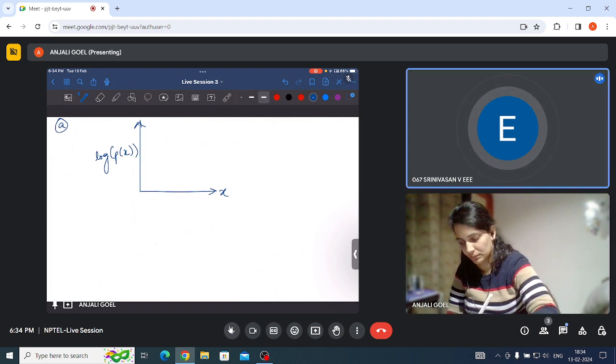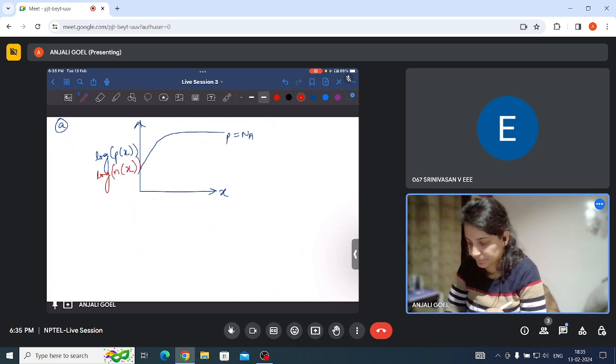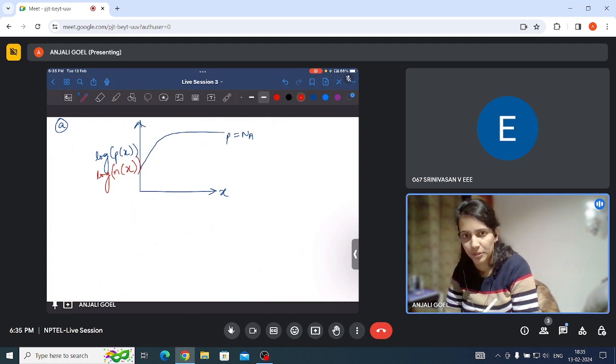As distance increases, the carrier concentration actually increases, right? Okay, so something like this. Yeah. Okay, and log of n of x, the opposite. Yeah.